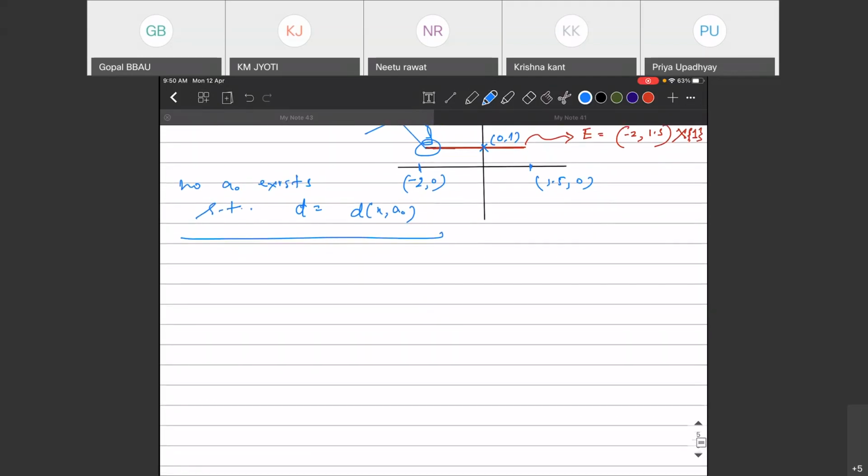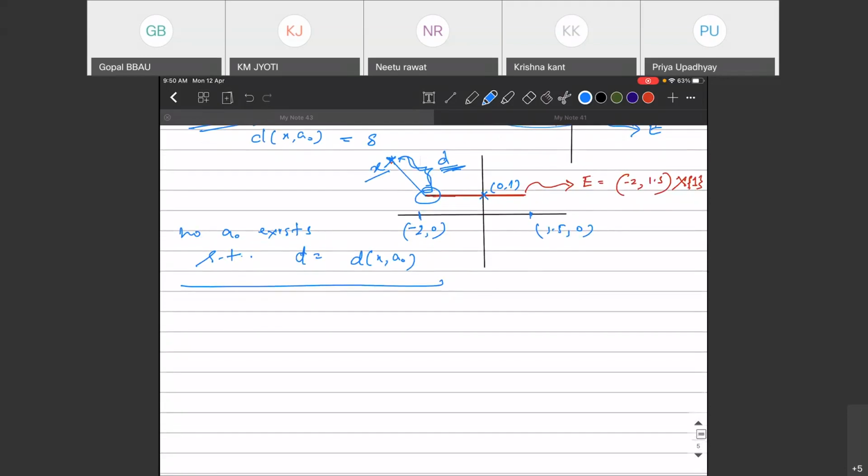Second thing, take the set E equal to the closed segment from (-2, 1) to (1.5, 1), the same thing but with endpoints.